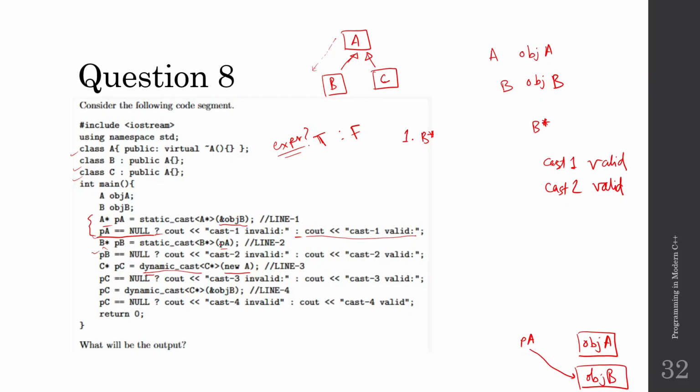Cast 2 is valid. Now, in case of cast 3, in the first line, we are converting B star pointer to A star pointer. In the second, we are converting A star pointer to B star pointer. In the third one, we are converting A star to C star.